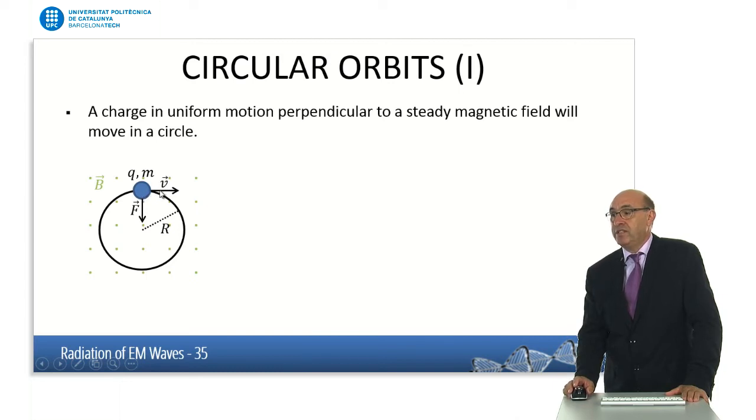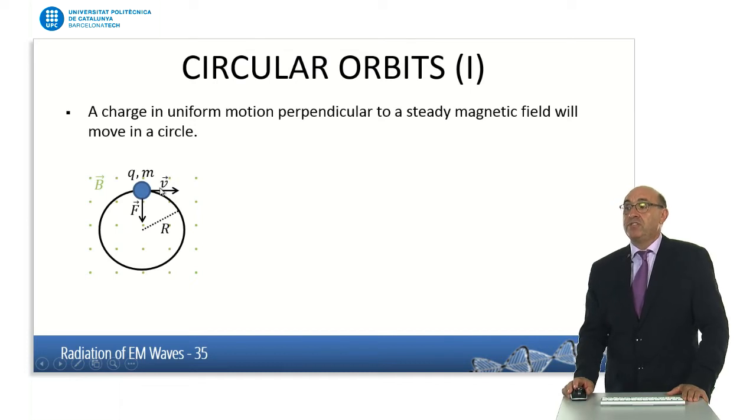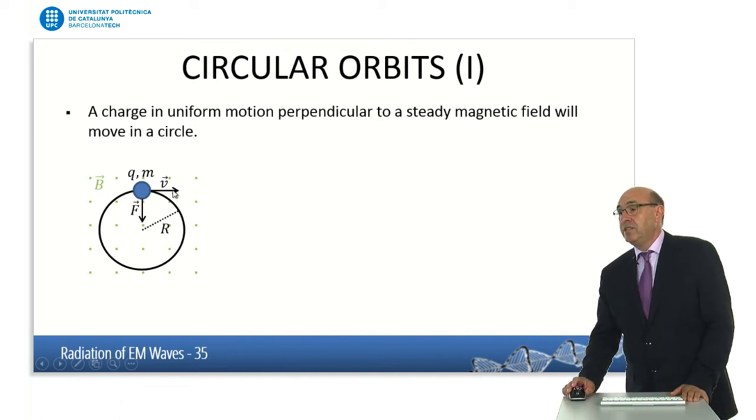So the charge, instead of moving like this in uniform motion, at constant velocity with no acceleration, is trying to move in this direction, but this force will bring it and make it follow a circular path.